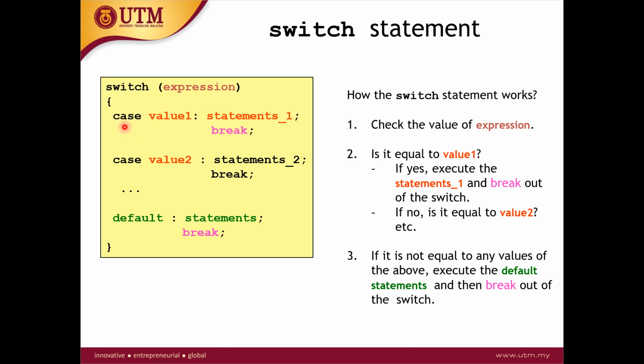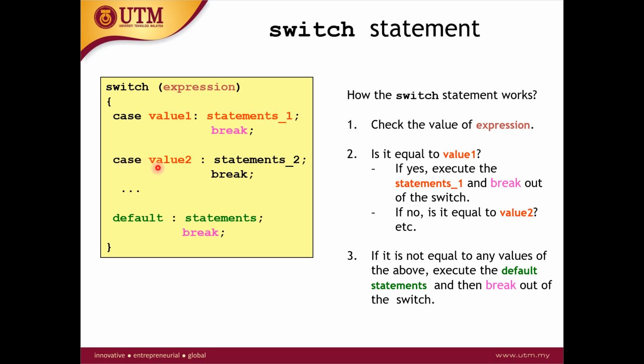If yes, if this is true, what happens? Statement 1 is going to be executed, whether it's one statement or multiple statements. And then this break breaks out of the switch expression, so it goes to the end of the switch. If it's not equal to value 1, it checks the second value.